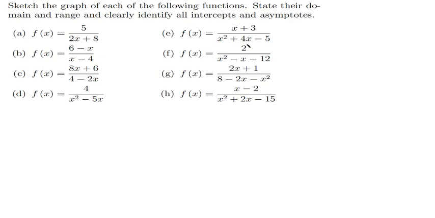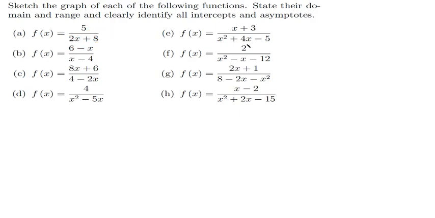Let's start with the first one. If the function is bottom heavy, what do we mean by bottom heavy? The degree of x down here is greater than the degree of x on top here.